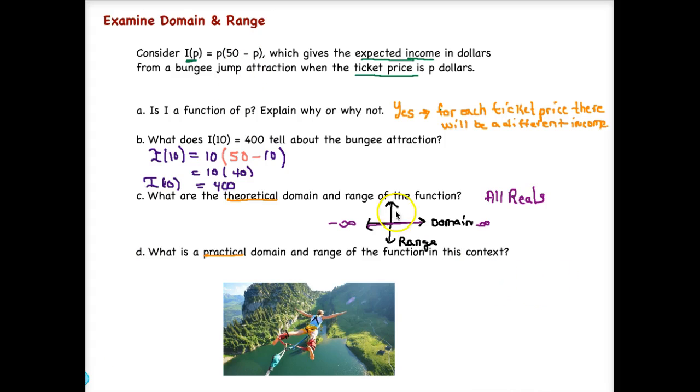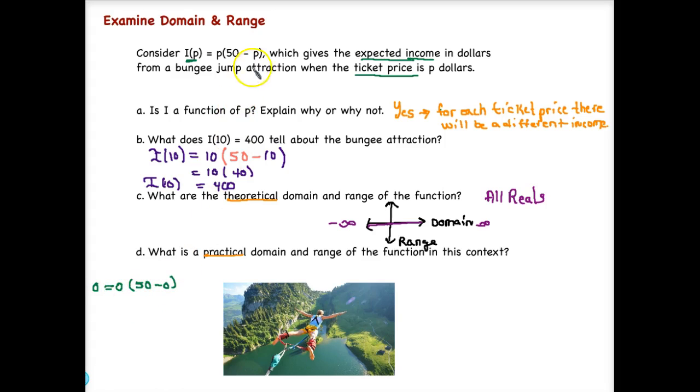Well, if we look at our equation, what happens if we plug a 0 in for P? So if we pay $0 for a ticket, then we would have 0 times 50 minus 0. Well, that just gives us an income of 0. So I guess that's reasonable if we don't want to make any money or have any income.